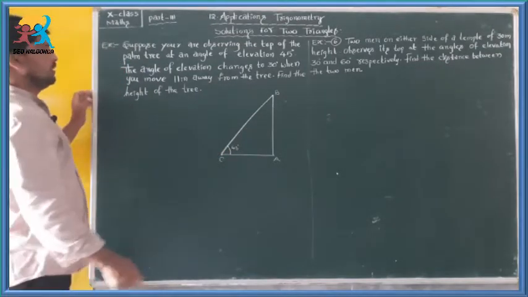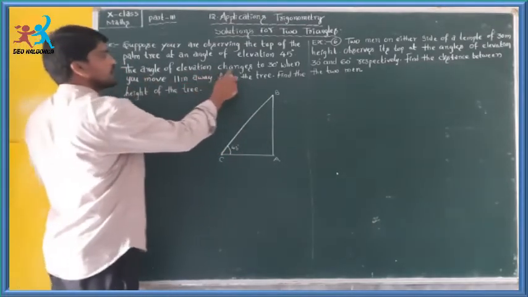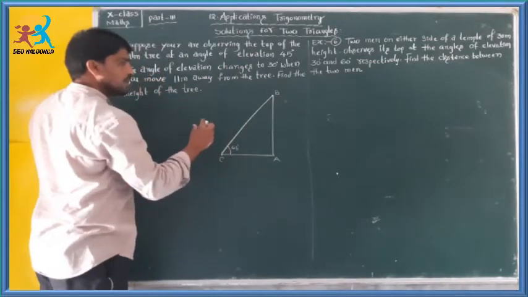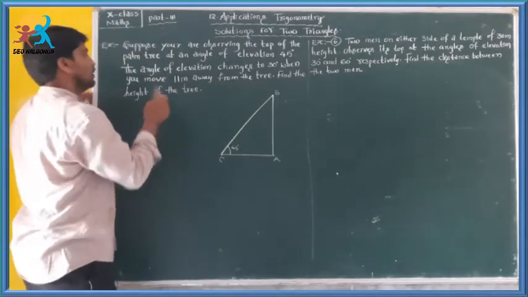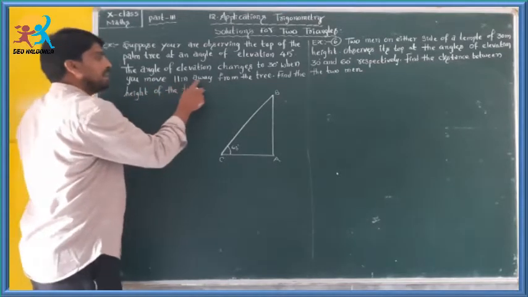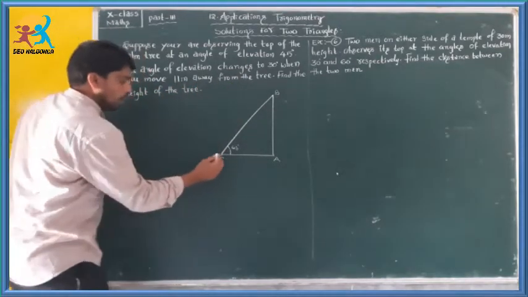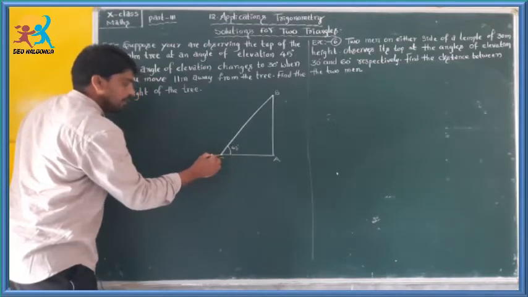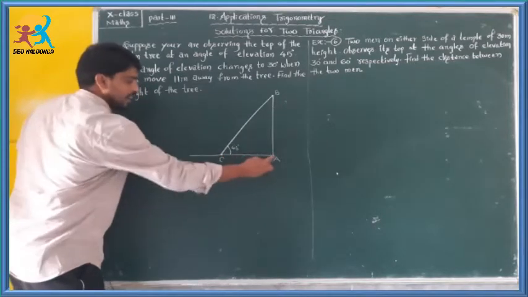The angle of elevation changes to 30 degrees when you move 11 meters away from the tree. From this point C, you are moving again 11 meters away from the tree.